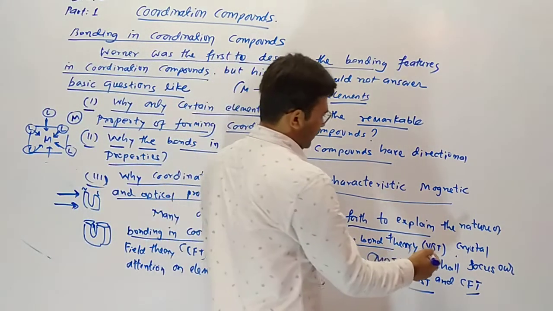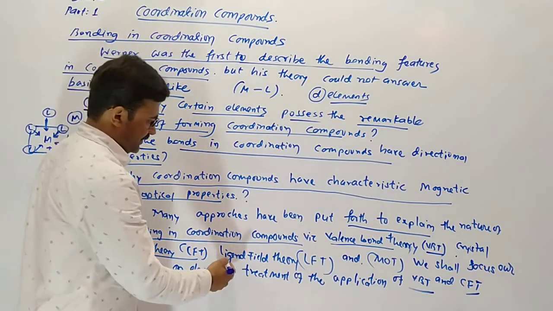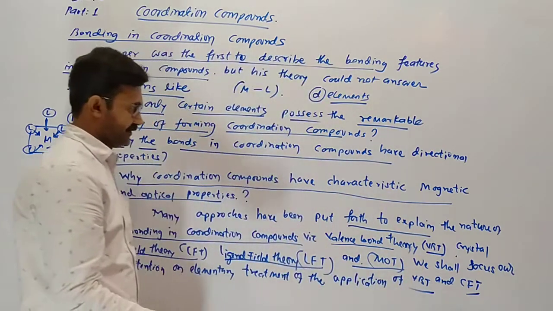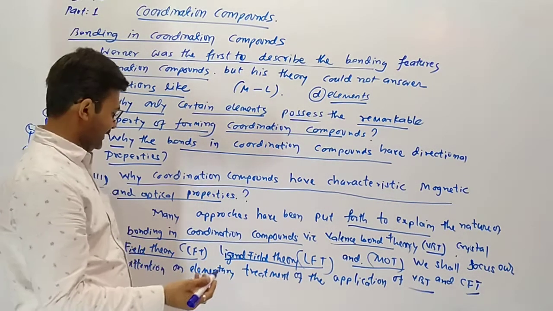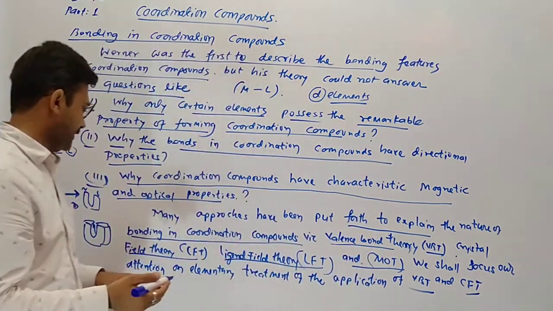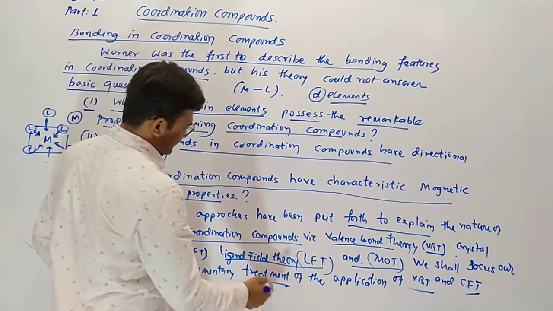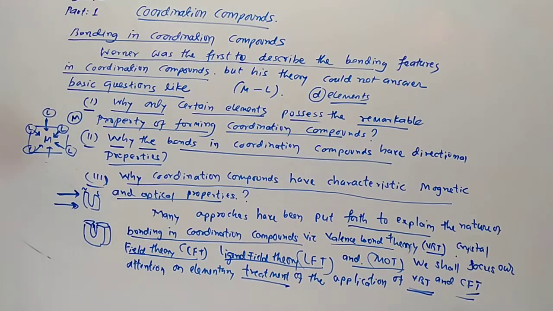One of them is valence bond theory, then crystal field theory (CFT), ligand field theory, and molecular orbital theory. We shall focus our attention on the elementary treatment of the application of VBT and CFT only. So in this chapter we will discuss in detail valence bond theory and crystal field theory.